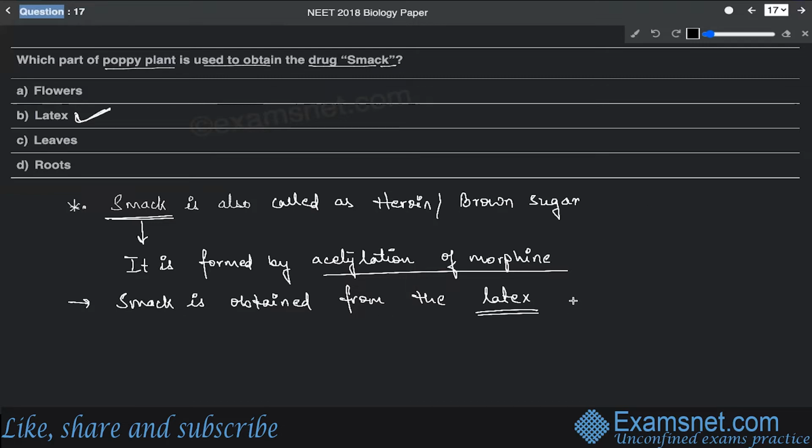So it is obtained from the latex of unripened capsules of poppy plant. All right, so that's why the correct answer is option B, which is latex.